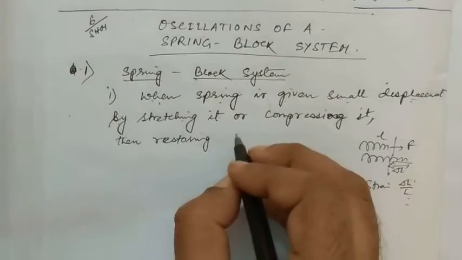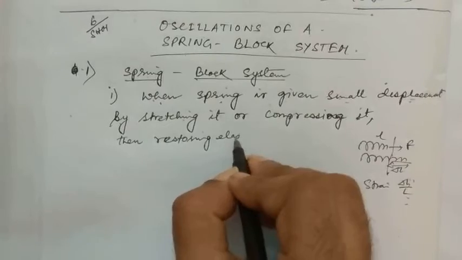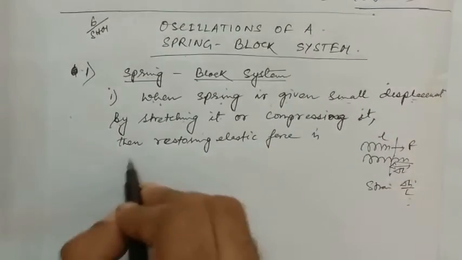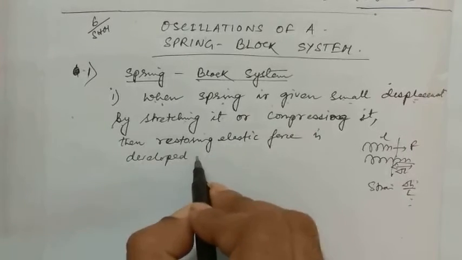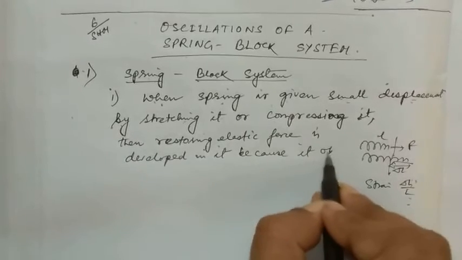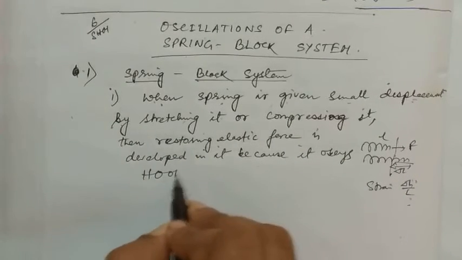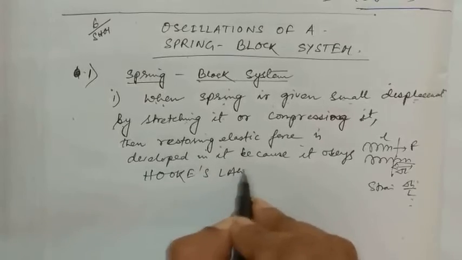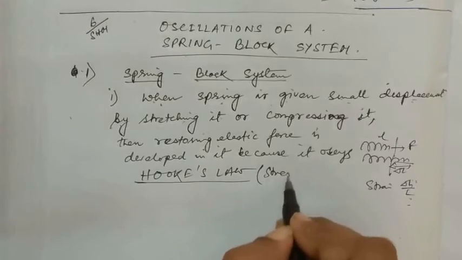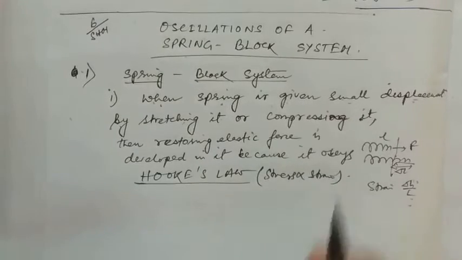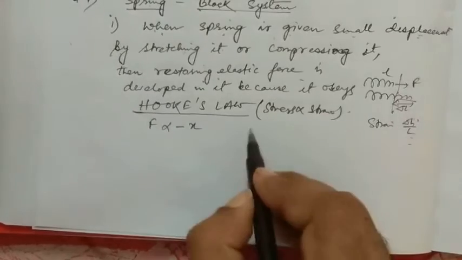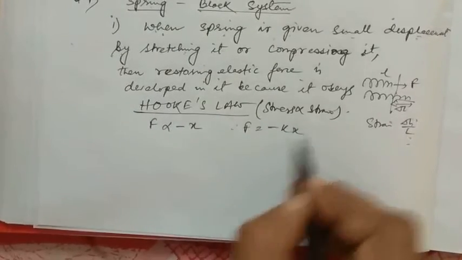The spring tries to return back to its original size and shape, because it obeys Hooke's law, which says that stress is proportional to strain. Now we can write this mathematically as F proportional to minus x. Therefore F is equal to minus kx.